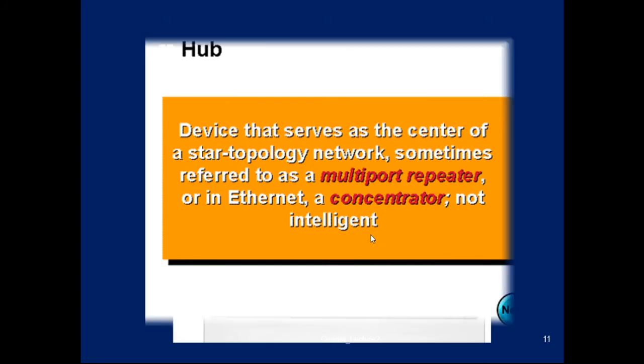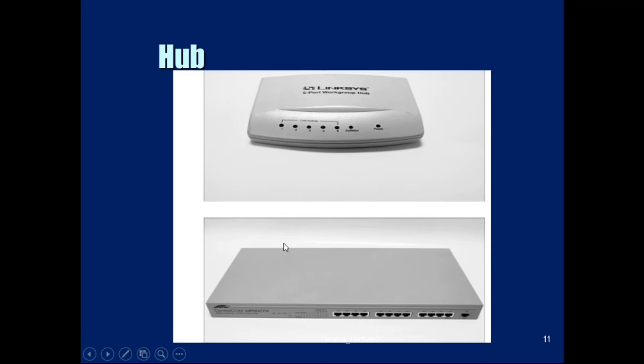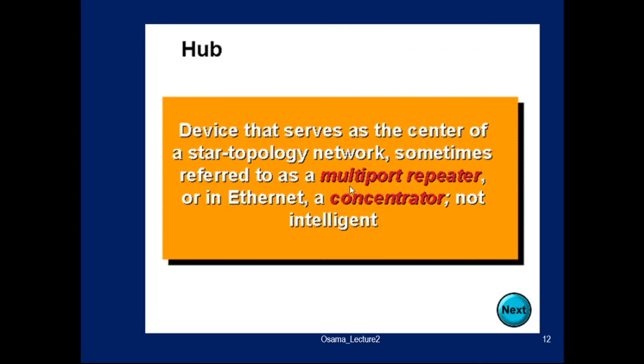So the common internetworking device, the hub, is used instead of a repeater when we speak about the center of the star network topology. This is an example of the hub.